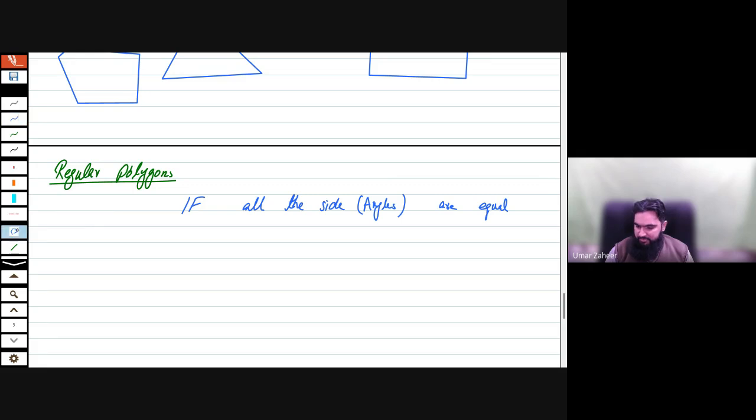For example, if I make a polygon here, all of these sides are equal. So it is a regular polygon. Okay, it is a square. We know that it is a square, but a square is basically a regular polygon.